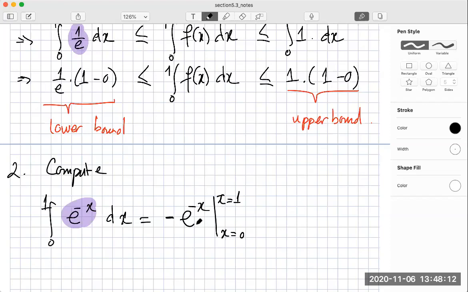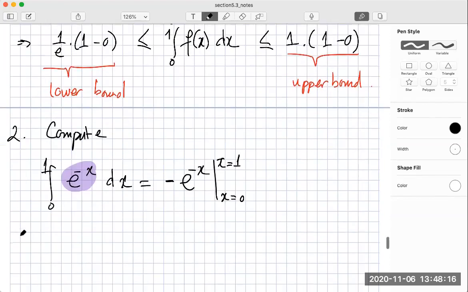So we can double check this, right? Check the antiderivative: the derivative of negative e to the negative x. Vikram, can you help me?